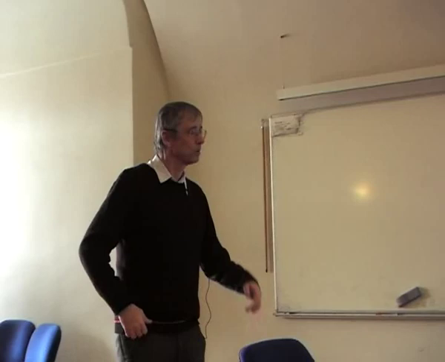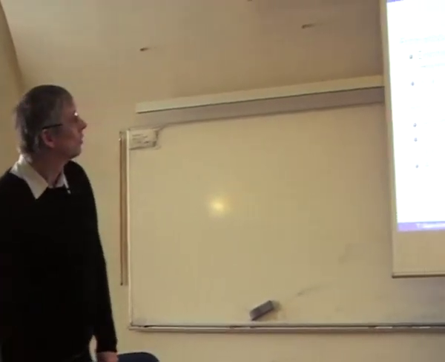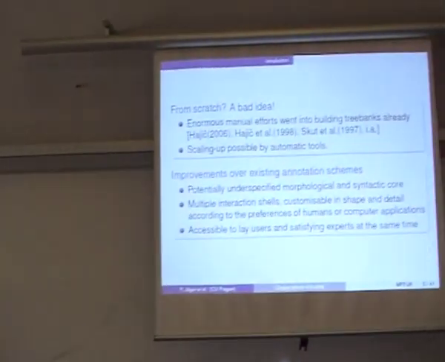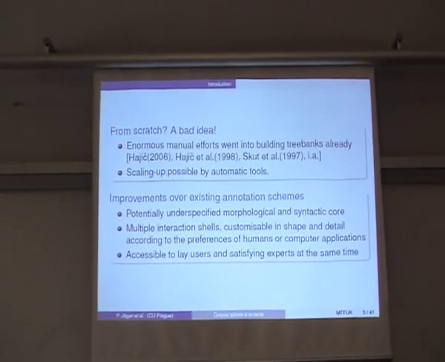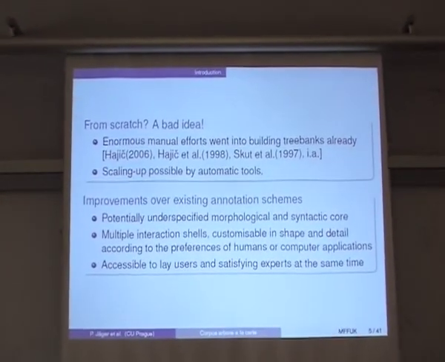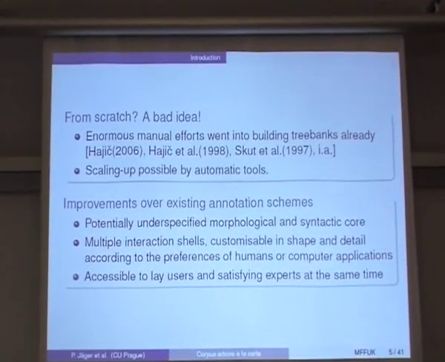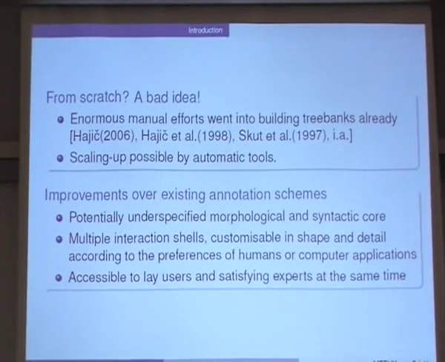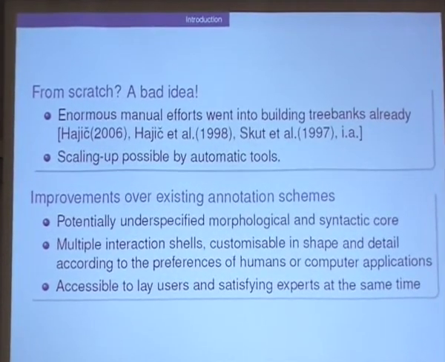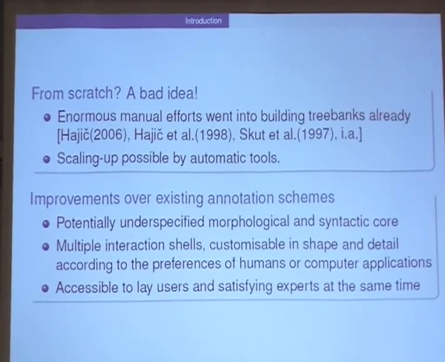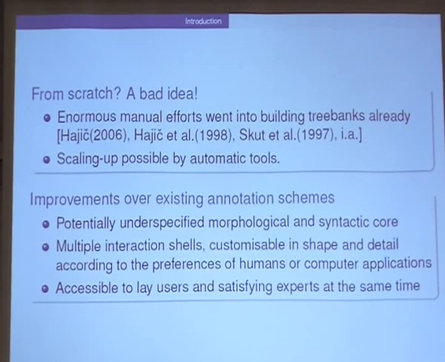There's a long list of books and papers which deal with the problem. There are several names here, among others also Hajič et al. And we think that we could improve over annotation schemes which already exist.